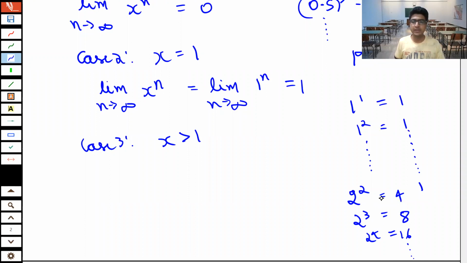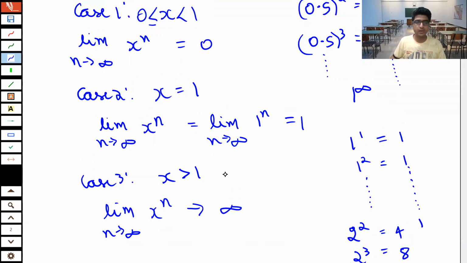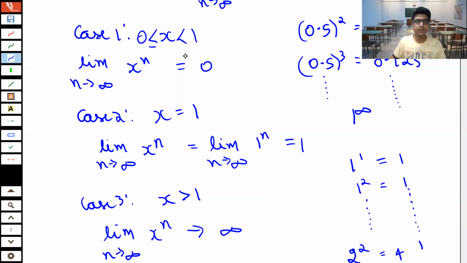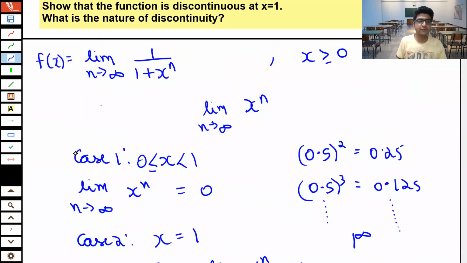So as you increase the power, the value keeps on increasing, and as you go towards infinity, this will also go towards infinity. So in this case, the limit as n tends to infinity of x to the power n will go towards infinity. Now we'll be using these for finding out the value of this function in different cases.